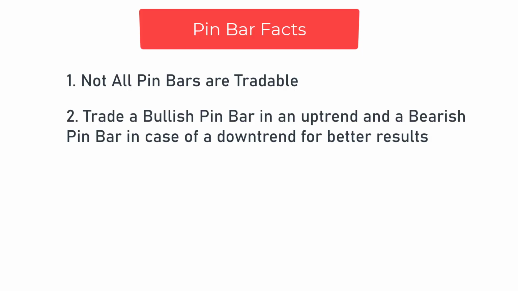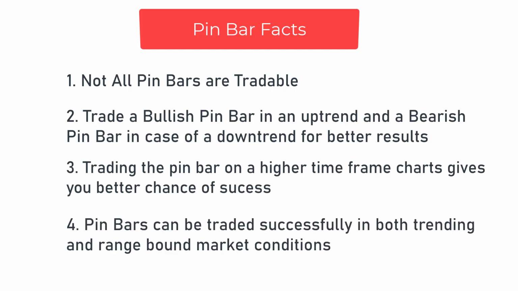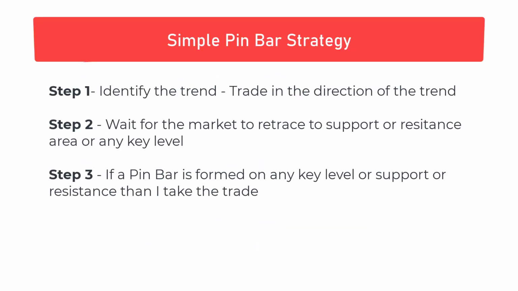Trading the pin bar strategy on higher time frames, for instance the daily, 12-hour or 8-hour chart, will give you better chances of success. And lastly, pin bars can be traded successfully in both trending as well as range bound conditions.